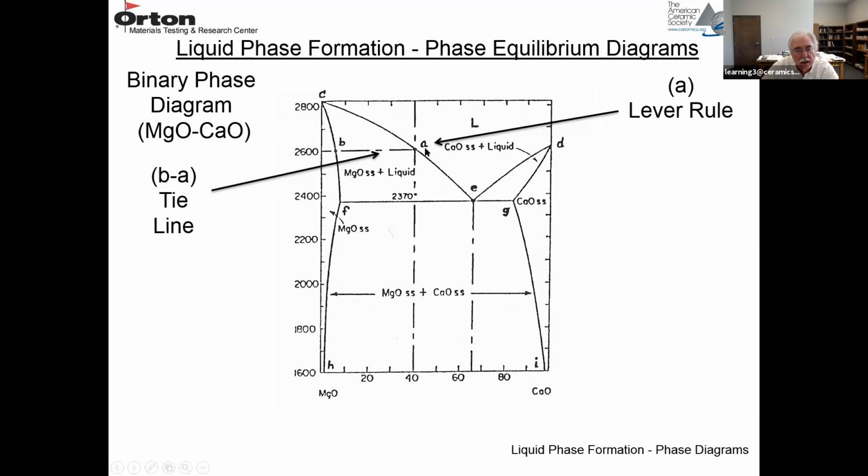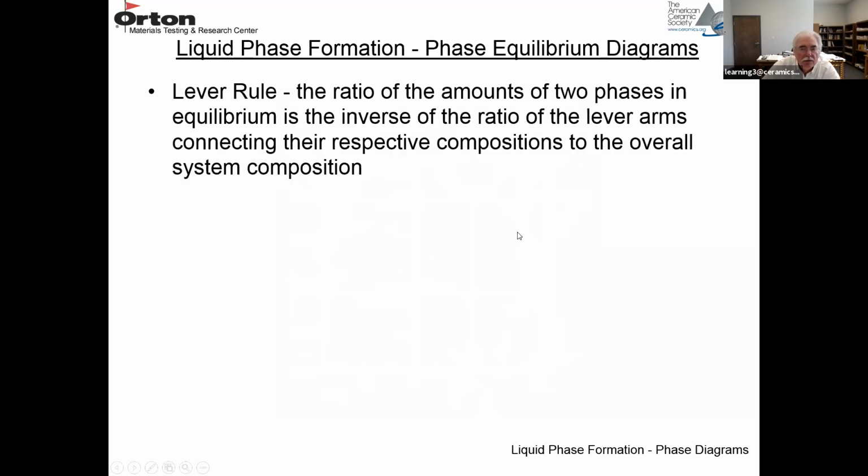So B to A is a tie line. The lever rule sounds messy, but it's real easy to use. The lever rule is the ratio of the amounts of two phases in equilibrium. The two phases are the inverse of the ratio of the lever arms connecting their respective compositions to the overall system composition.